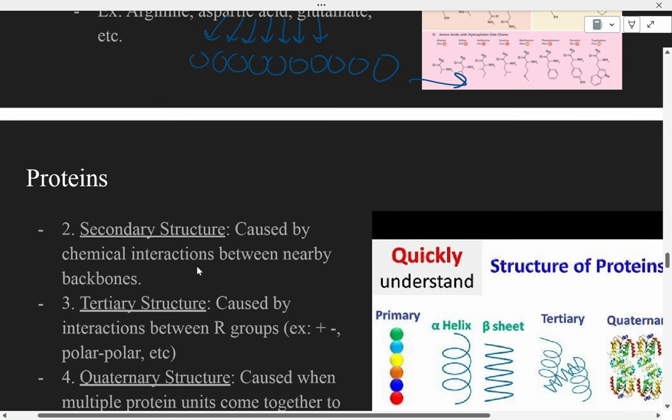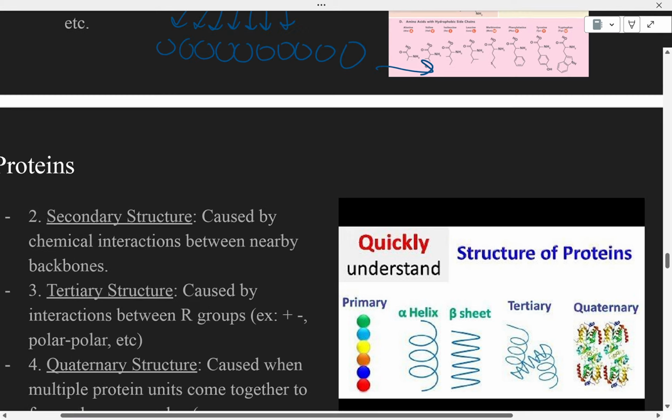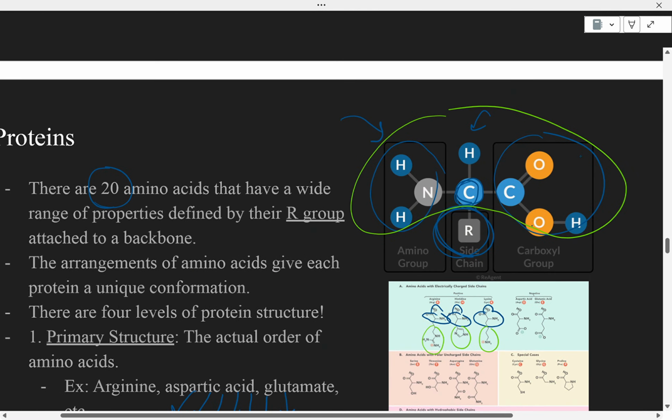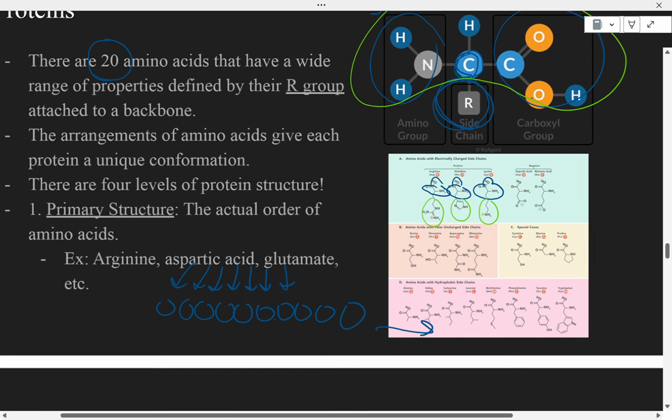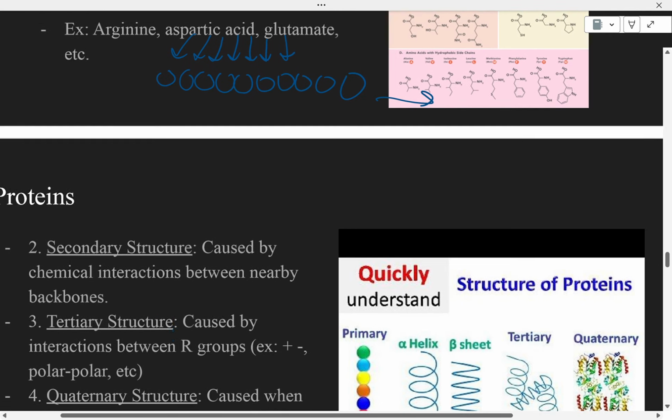Now let's look at secondary structure. So secondary structure, we're broadening our scope, we're zooming out a little bit. Now we're looking at the chemical interactions that form between the backbones of amino acids nearby. And just to refresh, the backbone is this green highlighted part here. And when all of these are arranged in a row, they can interact with each other to form interesting shapes.